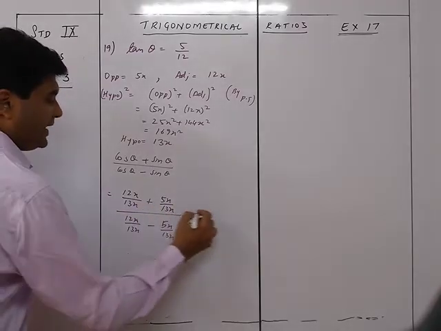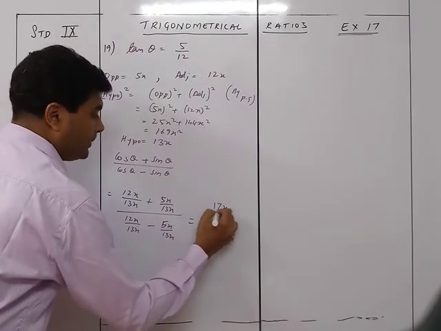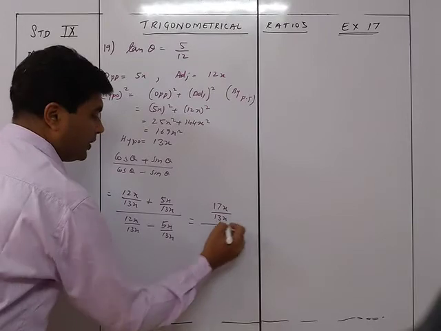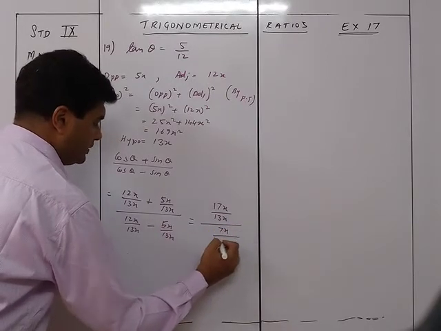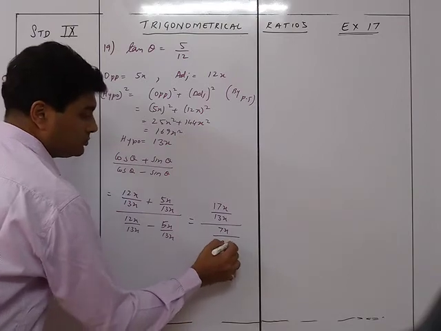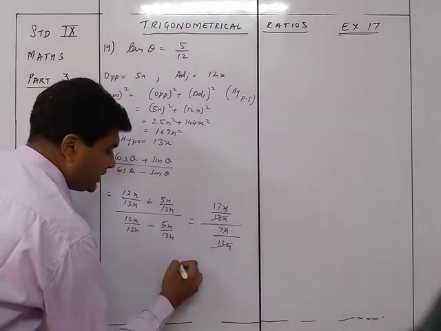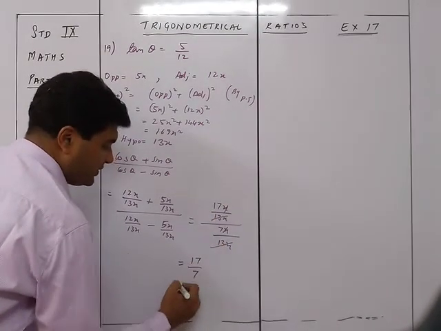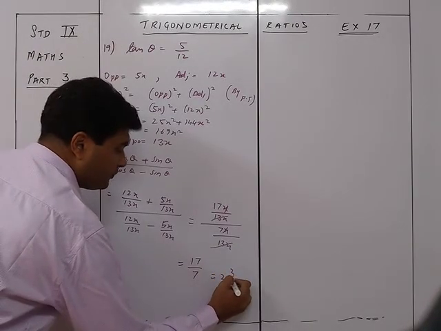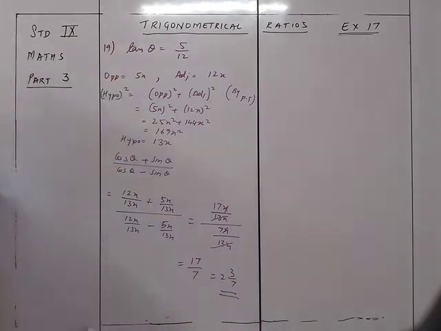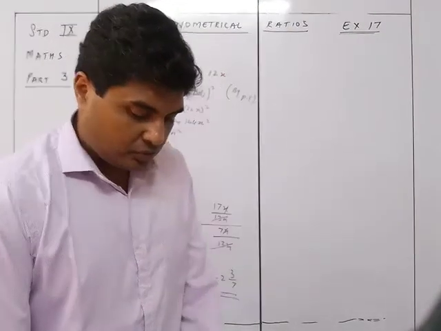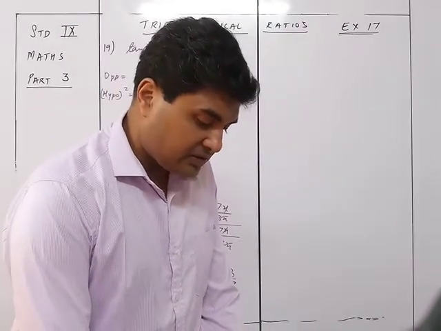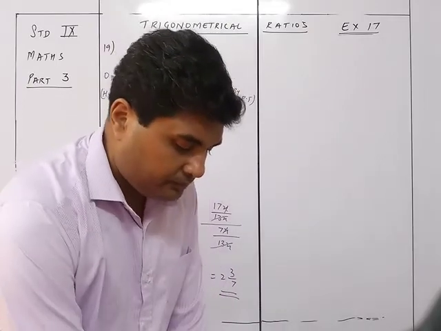So that will give me 17x upon 13x upon 7x upon 13x. So that cancels. So that is nothing but 17 upon 7, that is 2 3 upon 7. That's sum number 19. So the answer is 2 3 upon 7.